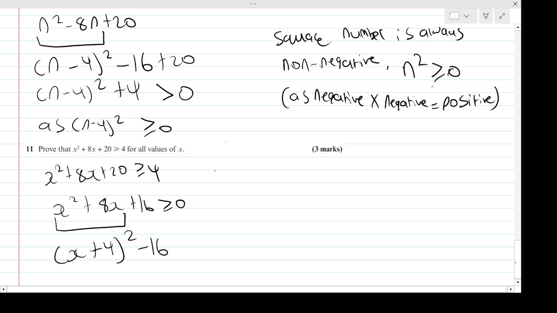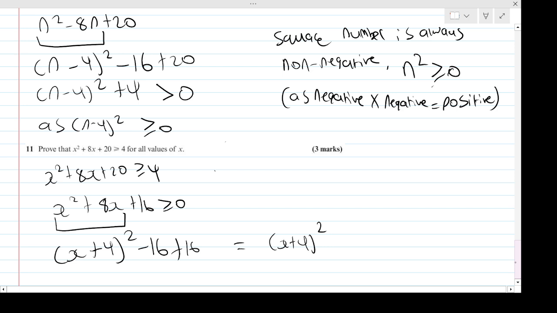Then I'm going to have plus 16 at the end. And so what we're left with is x plus 4 squared, minus 16 add 16. So that would be 0.